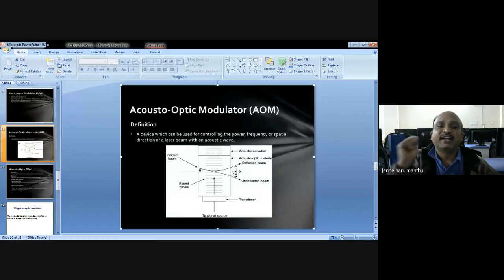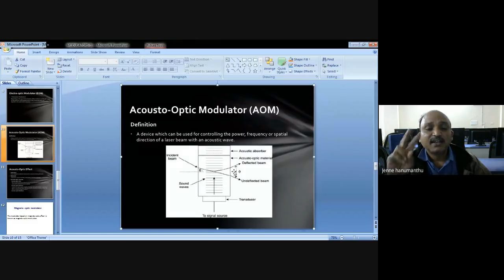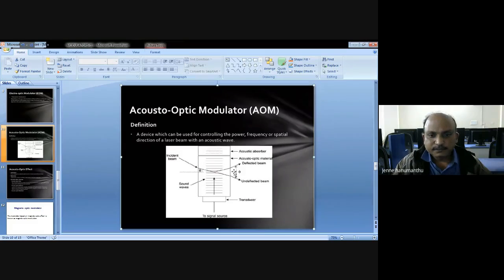When the laser beam is deflected, the parameters are going to be changed, so that we can change the laser beam characteristics. Of course, we cannot change all; as per our requirement, we can change by modifying the structure of the acousto-optic modulator. So this is the second type of modulator as per your syllabus, nothing but the acousto-optic modulator, right?